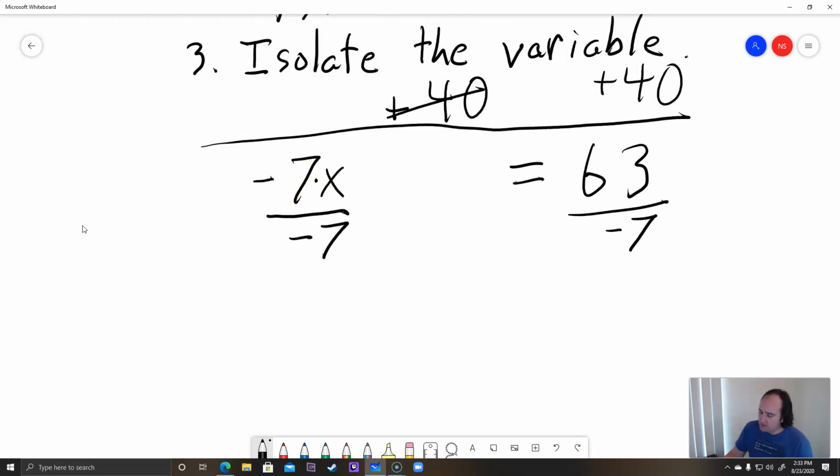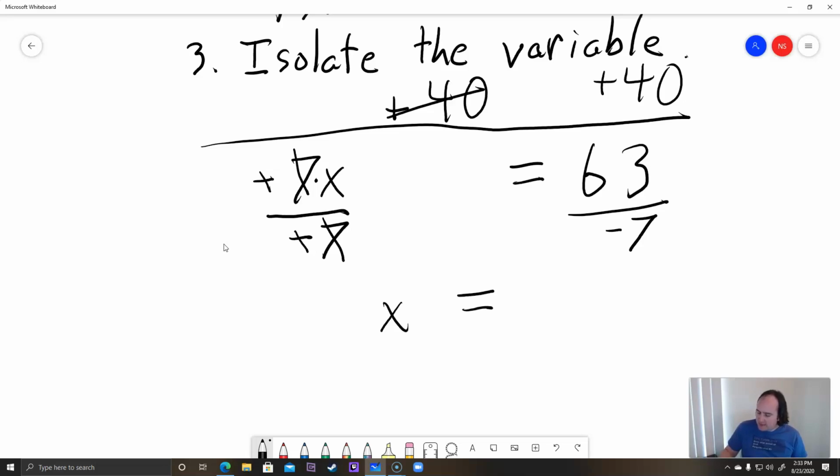And you might be wondering, why did you divide by negative 7 and not positive 7? Well, I need to isolate x, and that means I have to get rid of the minus. So if I don't divide by negative 7, I'm still going to have a minus left over. So on the left side, the 7s and the negatives both cancel out, and we just have x.